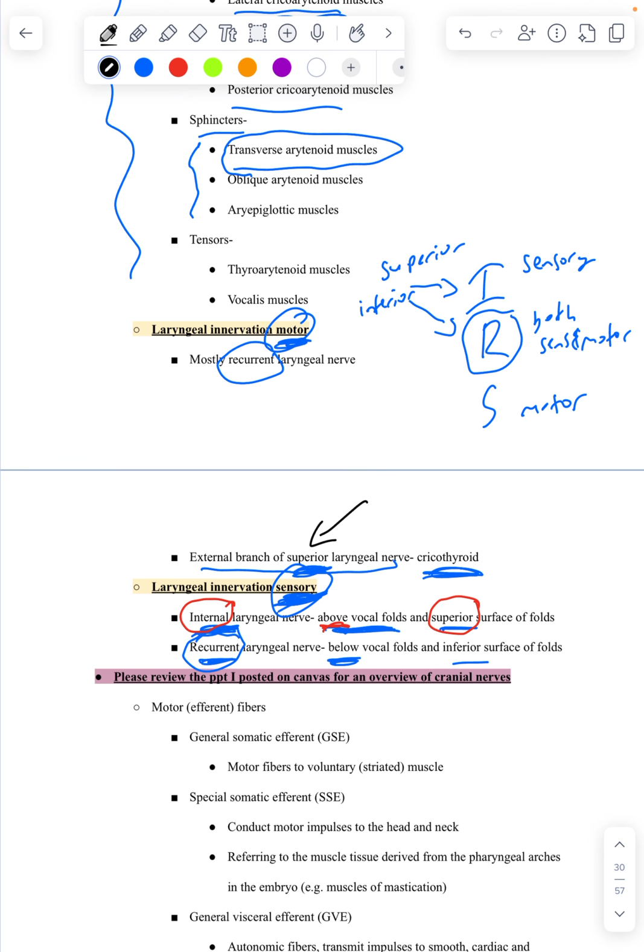Think of cars: cricothyroid, CR. I don't know if that helps. But if you remember IRS, it'll tell you which one's sensory, which one's motor, which one's in the middle that does both, and which one's superior and which one's inferior. Then you can remember that the exception is cricothyroid, the one that's only motor, the superior laryngeal nerve.